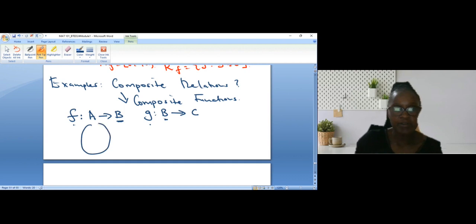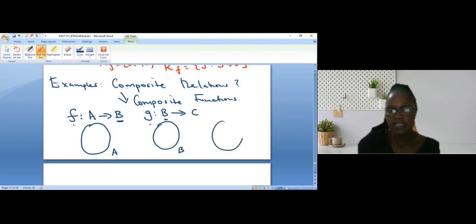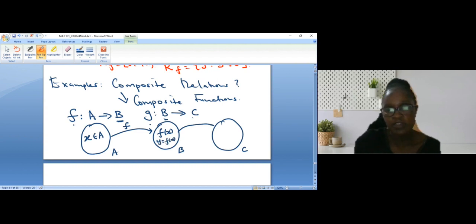So if I'm to use the arrow diagram representation of functions, combination of functions or composite functions work as follows. So you have an original element, then you have the pre-images. So you allow f to act, so that at this point y is f of x. So that when g acts, g is acting on y.